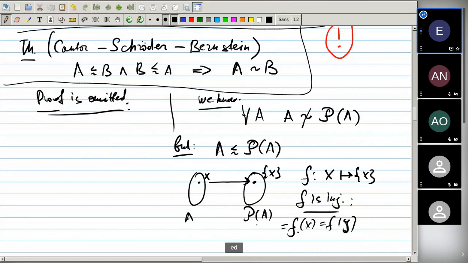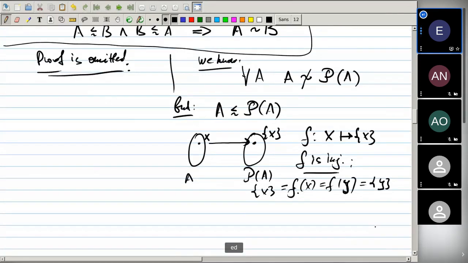Two singletons are equal. If two singletons are equal, then of course every element of one singleton belongs to the other one. X clearly belongs to this singleton, hence x belongs to this singleton, so x equals y. Is it clear?